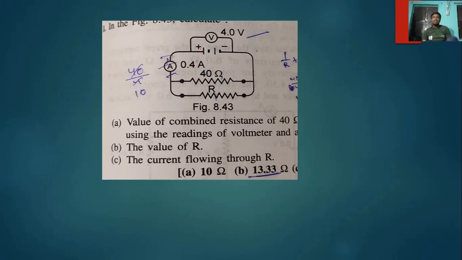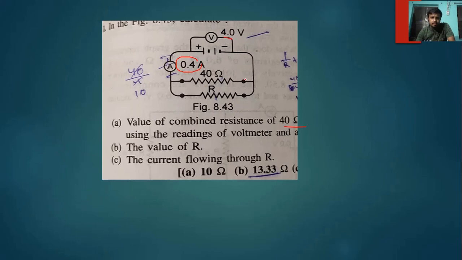Okay, in this diagram, in this circuit, let's see. Here the potential difference is 4 volt, current passing through is 0.4 ampere. Okay, first you have to find the combined resistance of 40 ohm and R using the readings of voltmeter and ammeter.